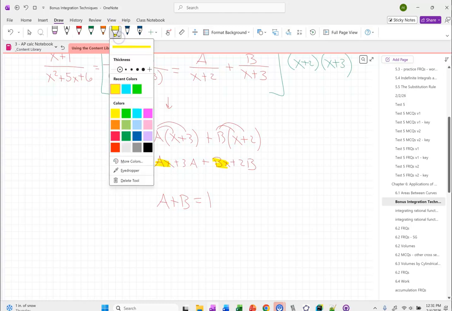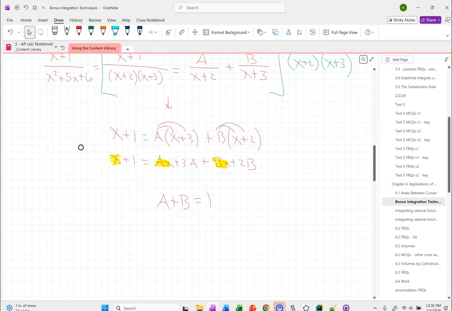And I could say the same thing about the constant terms. That 3a plus 2b has to give me the constant 1. Does that feel okay? What have I just created? A system of two equations, right? That we can solve now for A and B.